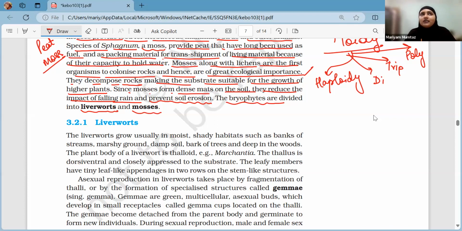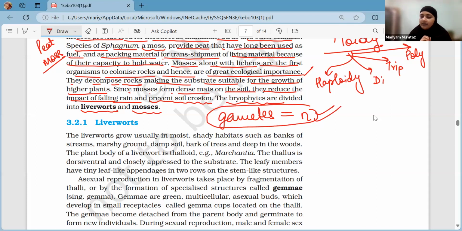What is the male sex organ of the gametophyte? Antheridium. And the female sex organ? Archegonium. And then both will produce the gametes. And always remember one thing, forever, no matter whether it is plants or animals, the male and the female gametes will always be haploid.